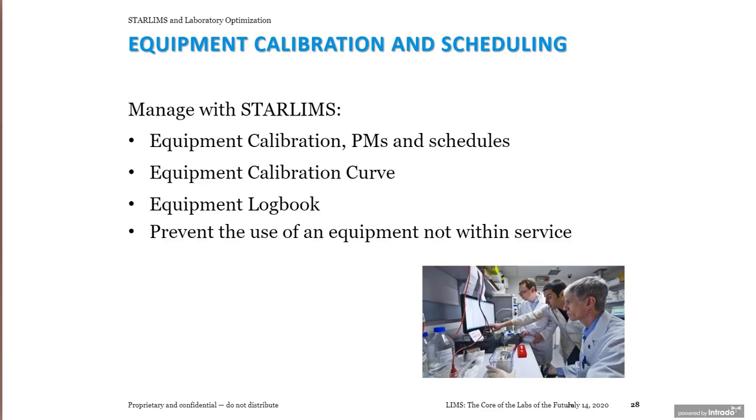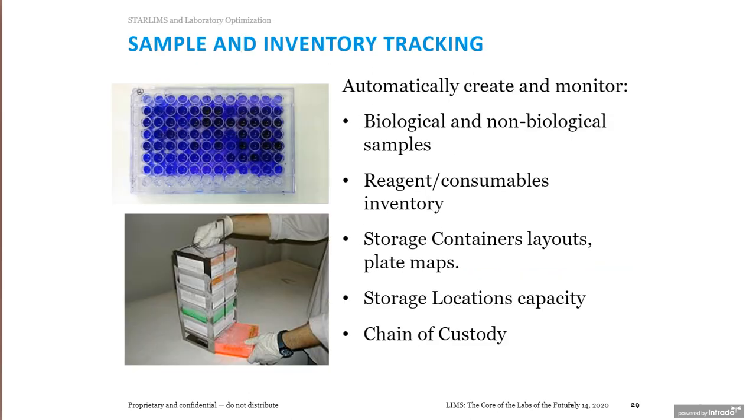Equipment calibration: you're going to be able to manage your preventive schedules, generate the calibration curve, keep track of your equipment logbook through the system, and prevent the use of equipment not within service, so minimizing headaches to explain why you used a system that wasn't calibrated.